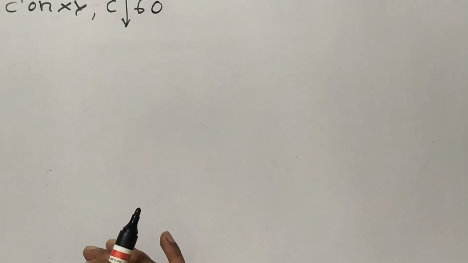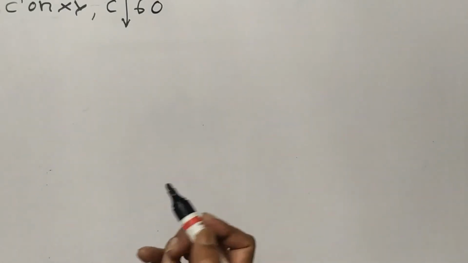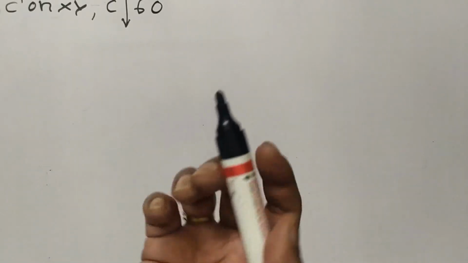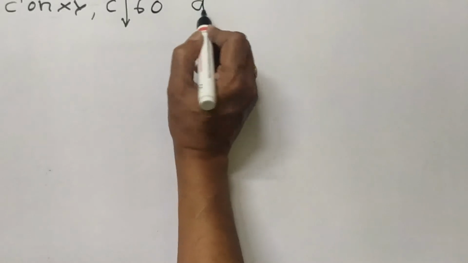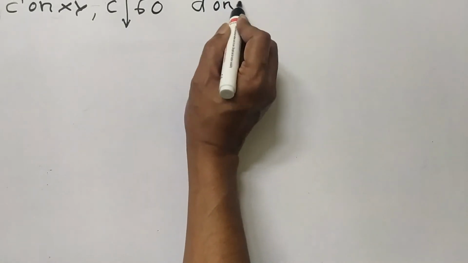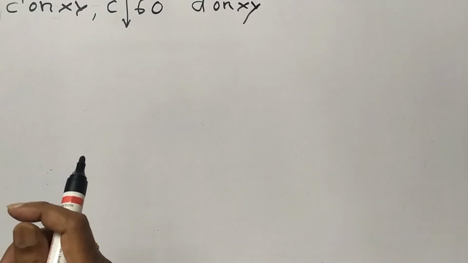Then the other end point D is on VP. So the D point is on VP. So if the D point is in the VP, its projection on HP, that is simply D, is on XY as per the problem, because D is on the VP and 50 mm above the HP.